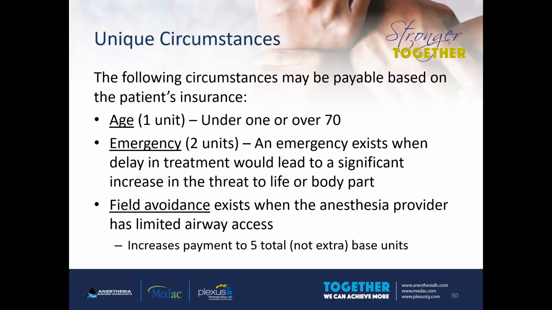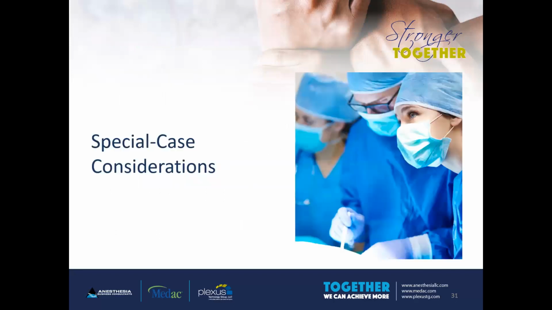If you're doing something that pays you 7 base units normally, then field avoidance will not help you in any way from a financial standpoint. Remember, field avoidance exists where there is limited airway access. So document that circumstance, limited airway access, if you think that field avoidance will help you with extra reimbursement.